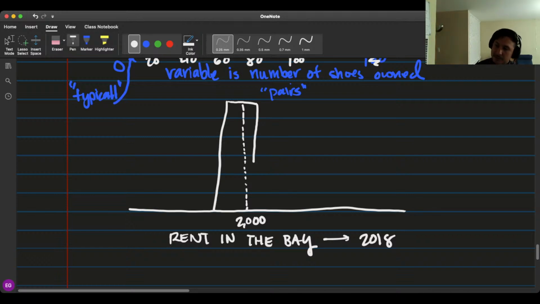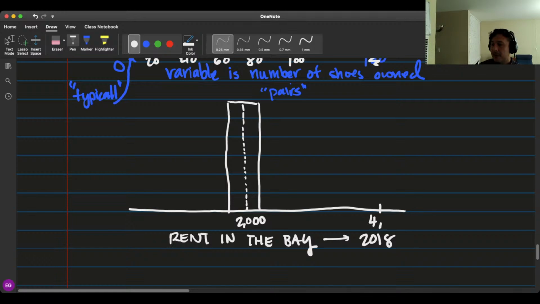And in the data, oops, that is a really horrible looking rectangle. Whatever. The most I had in the data at the one I looked at was about 4,000. There aren't too many apartments over 4,000. And from the data that I had, some people paid as little as $200 for rent for an apartment, probably because they live in a rent controlled place and they've been living there for like 40 years or something like that.